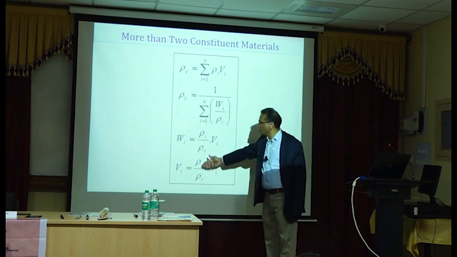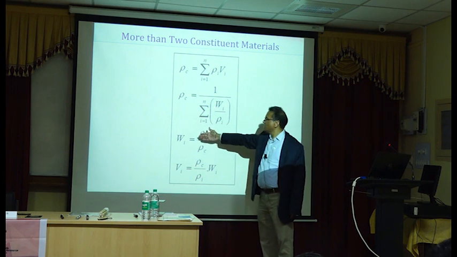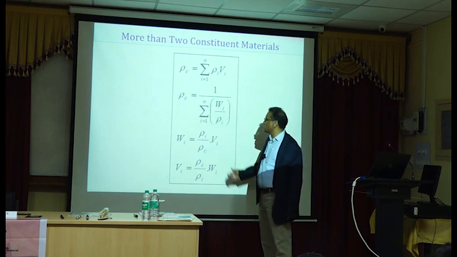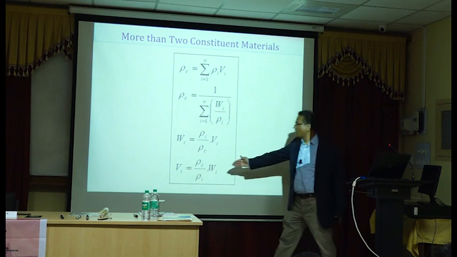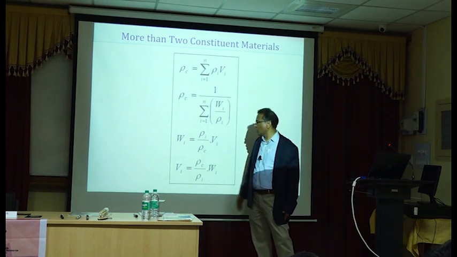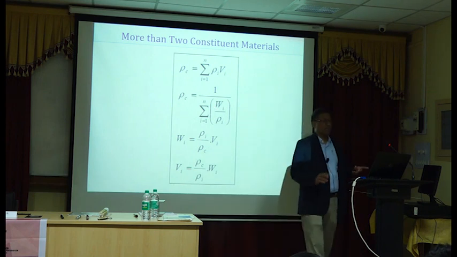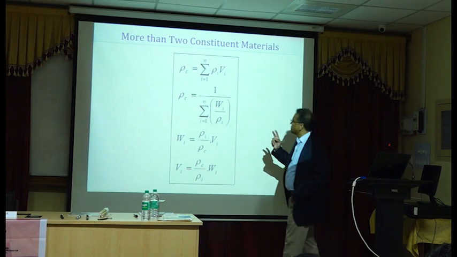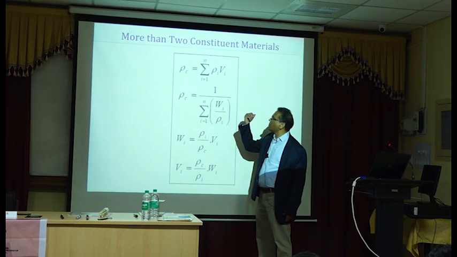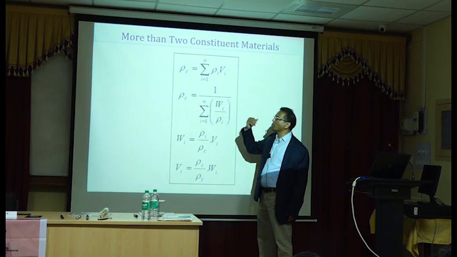Similarly, you can use weight fractions. Wi equals rho i over rho c times Vi, and you can convert them one to the other using these expressions. Very, very straightforward.